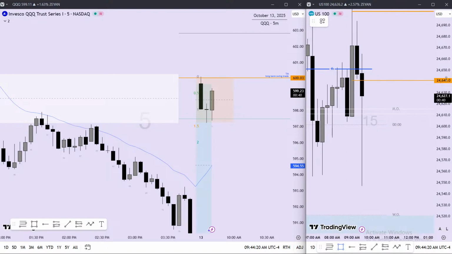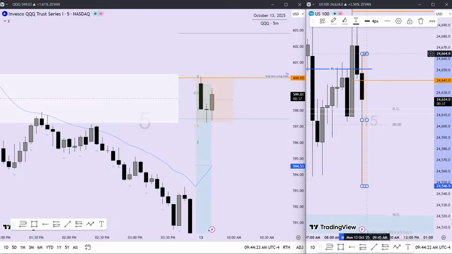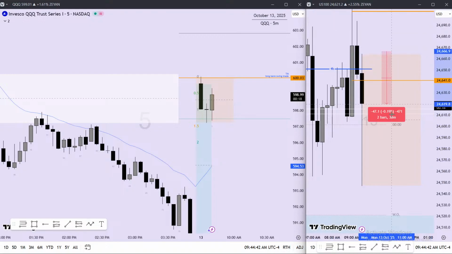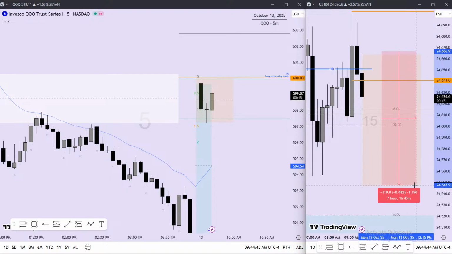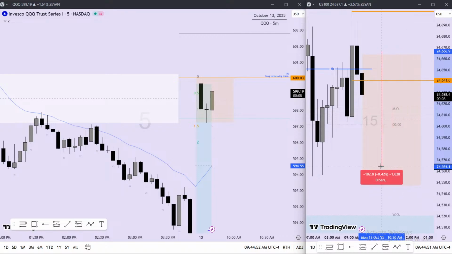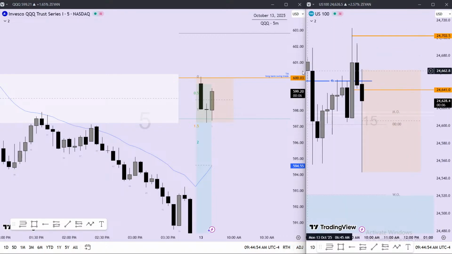If we get a closing above 641, I might take a long. So what was the range of the first 15 minutes? The range of the first 15 minutes was about 119 points.